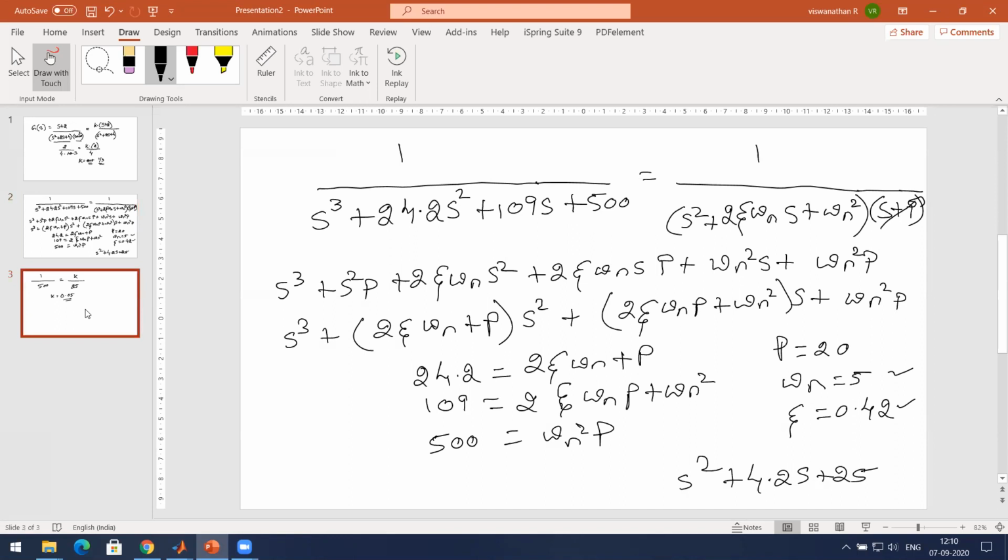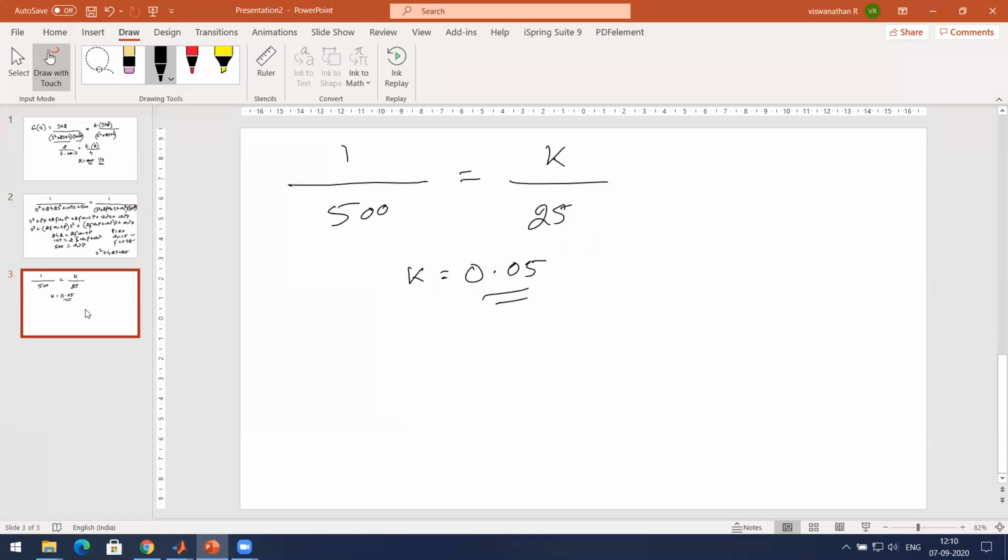Okay, what is the second order system equation now? It is 0.05 divided by s square plus 4.2 s plus 25. Okay, this is the approximated second order system from which you can calculate.